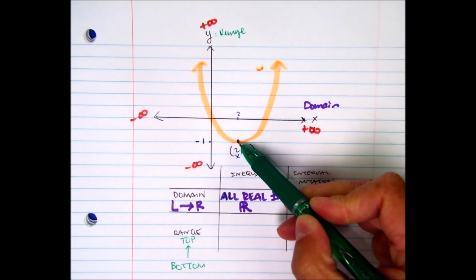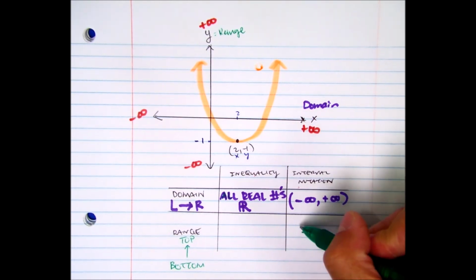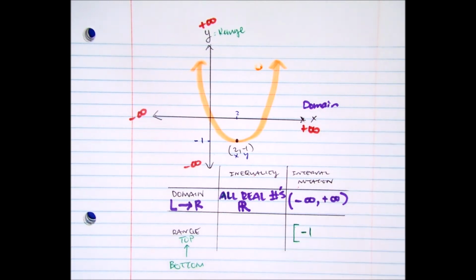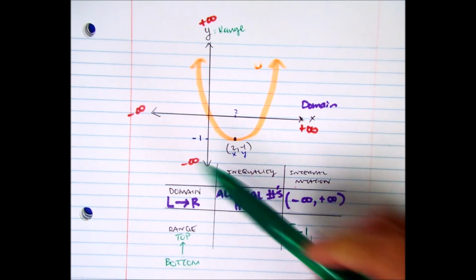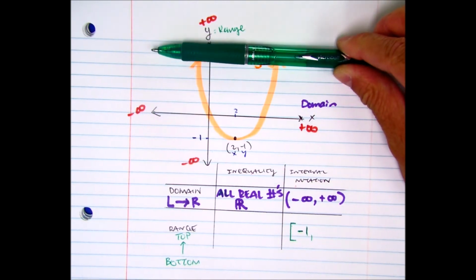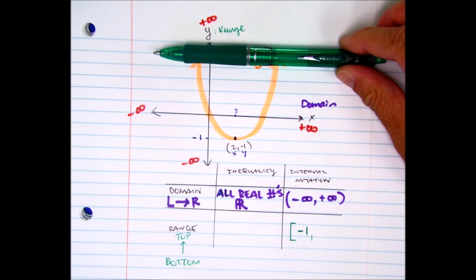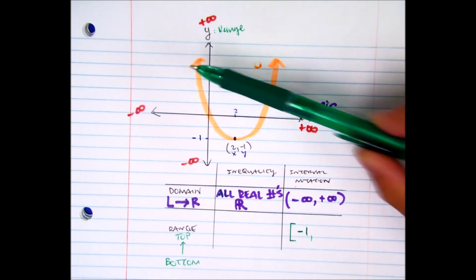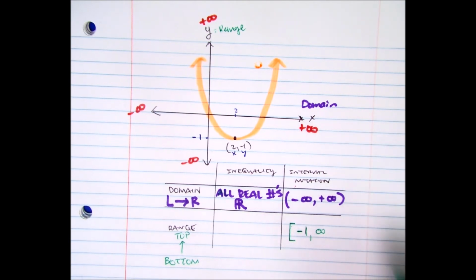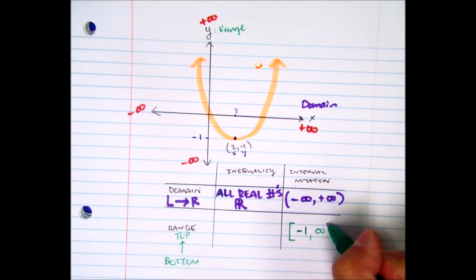Now, because you can touch this point, you're including it. So that is a bracket. As I go up from bottom to top, the last thing I touch on the orange graph are the arrows, and that is in the direction of positive infinity. Always with infinity, you draw parentheses.